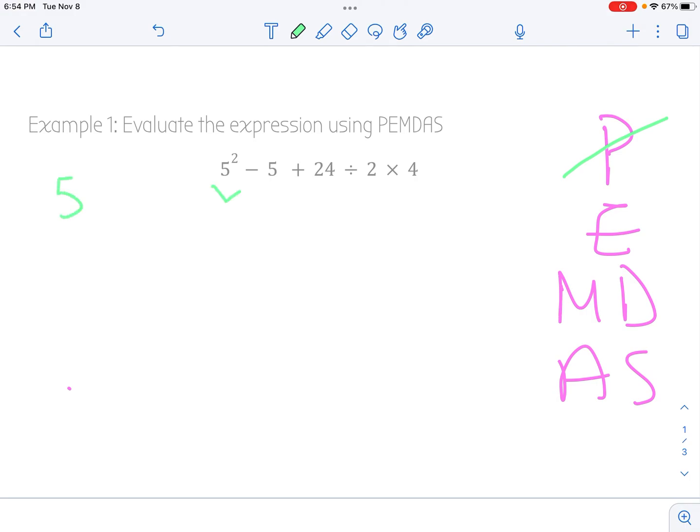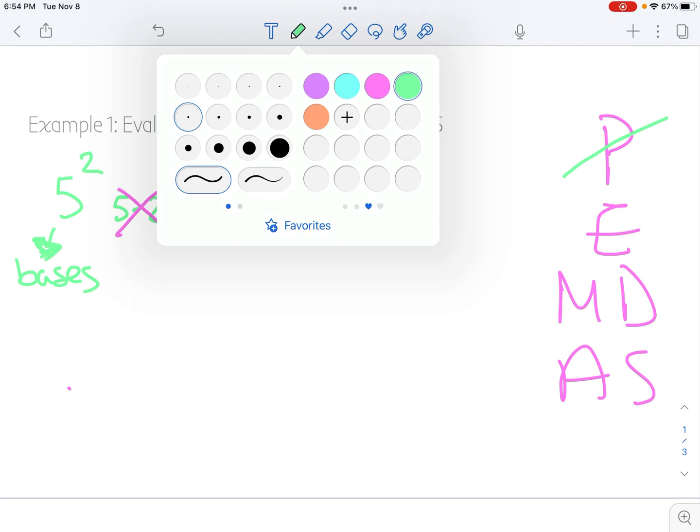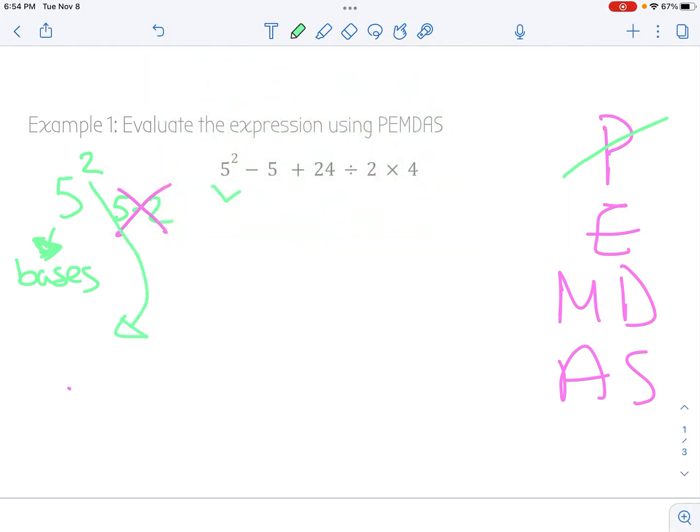The exponent tells you how many times you multiply the base by itself, and the base is this really big number right here. A lot of us want to do 5 times 2. That is incorrect. That's not how we do exponents. This 2 is telling us that we want to multiply the base 5 by itself twice. So 5 times 5 is 25.